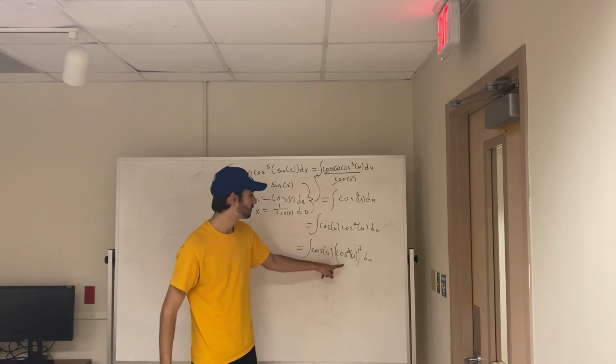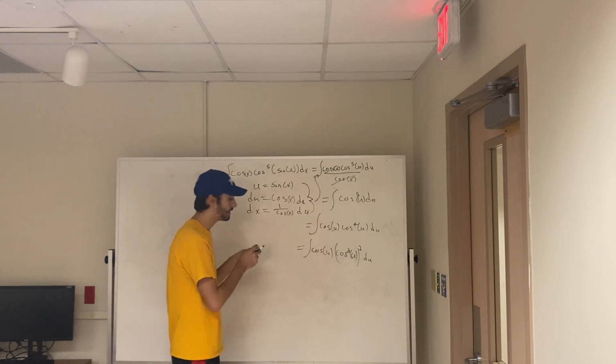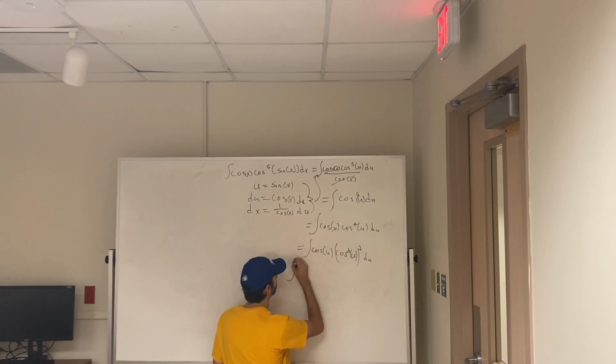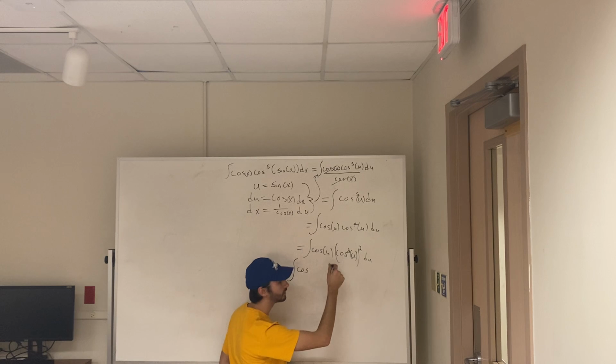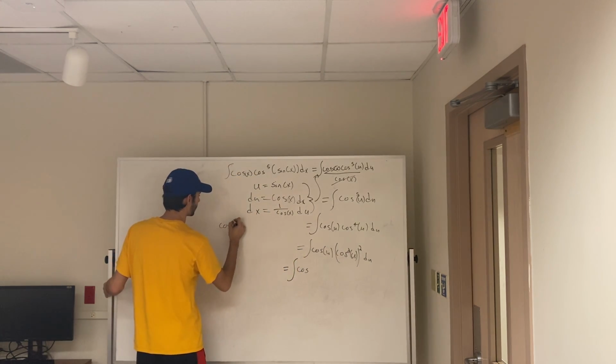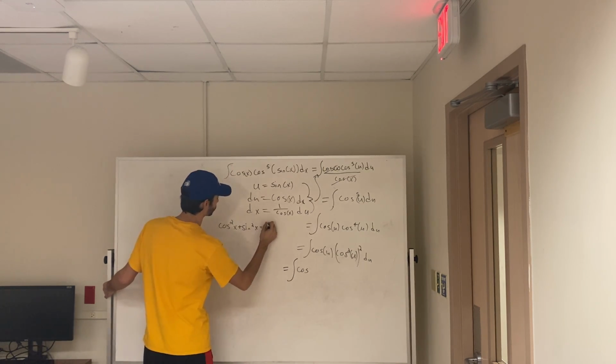And this can turn into a trigonometric identity. So we actually have 1 minus sine squared u to replace cosine squared u, because we have the trigonometric equation cosine squared x plus sine squared x equals 1.